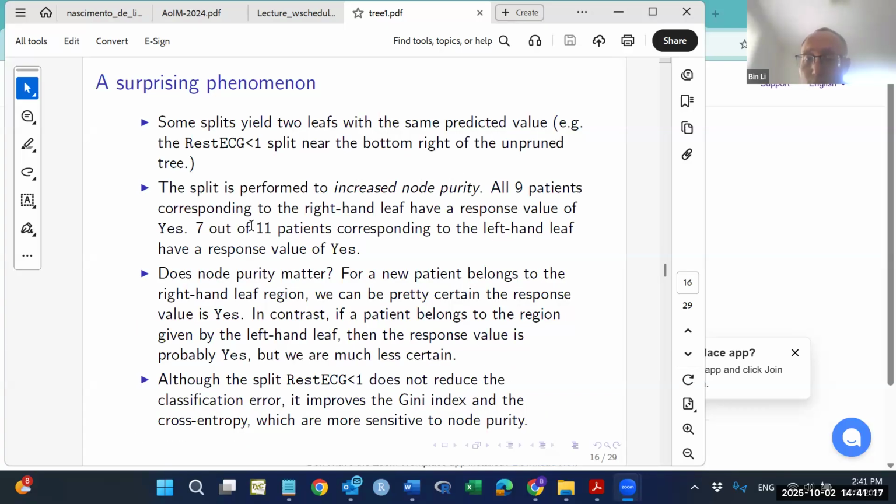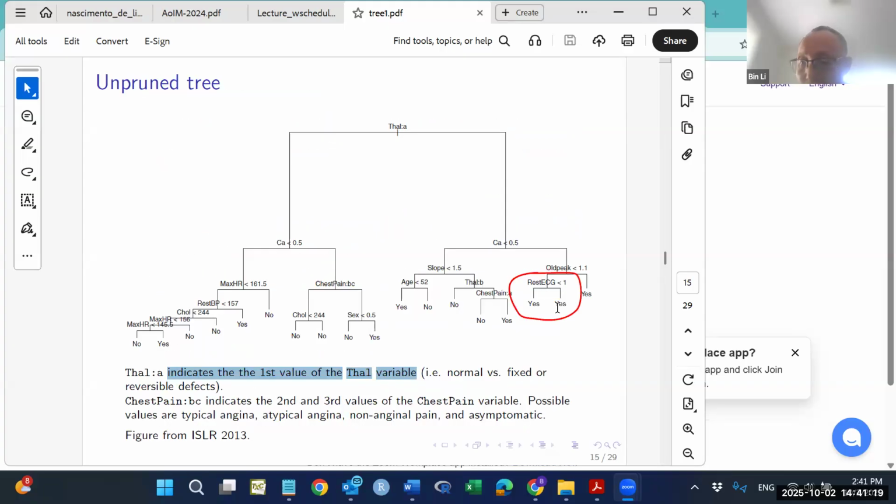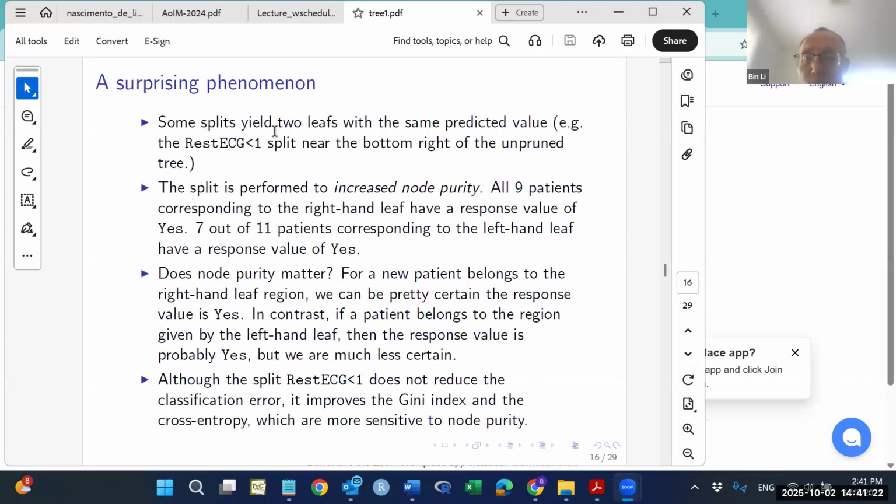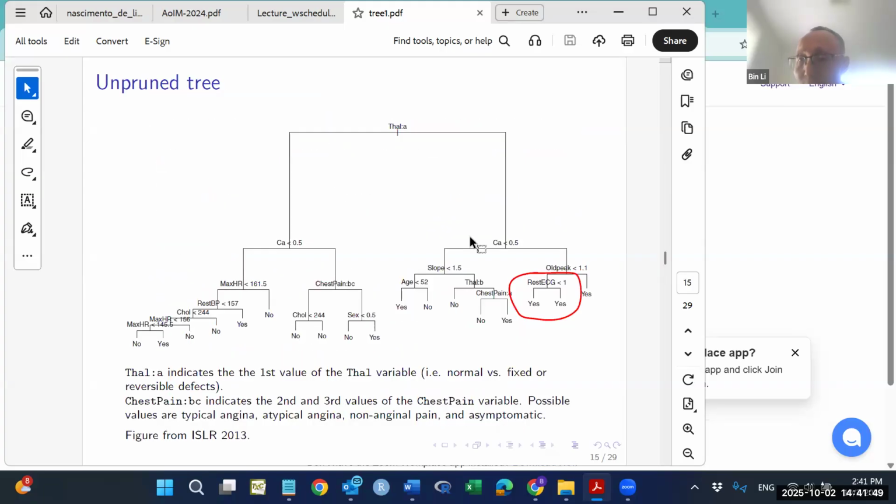So for that split that I circled here, some splits yield two leaves with the same predicted value, like this one. This split is performed to increase the node purity. All 9 patients corresponding to the right-hand leaf have a response value of yes. And 7 out of 11 to the left have a response of yes. What does that mean?